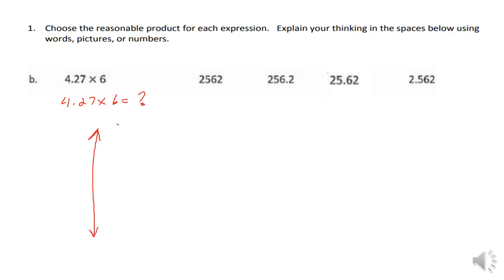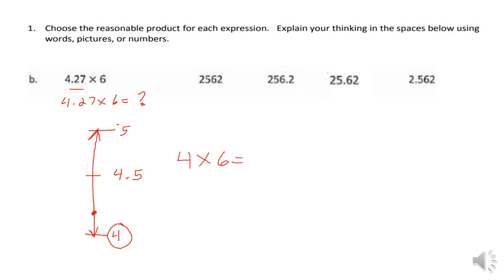Well, I know from what we've done in the past that if I was going to round to get an estimate, I'd take 4 and 5/10, and I'm rounding to the nearest whole number right here. So I know 4 and 27/100 would be about here, so I'm going to round to 4.